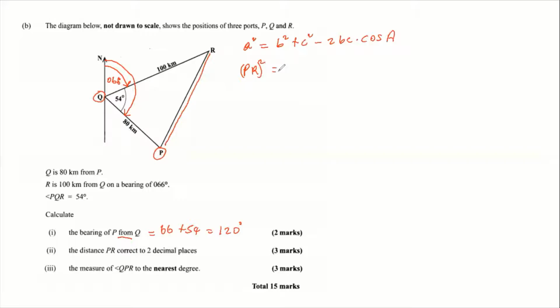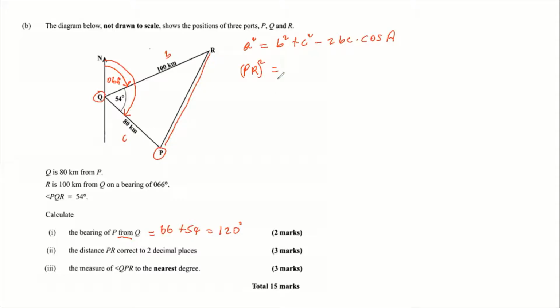Is going to equal to B. We could let any one of the sides be B if we want, but for consistency, let's say that this 100 here is B, and 80 is C, right?